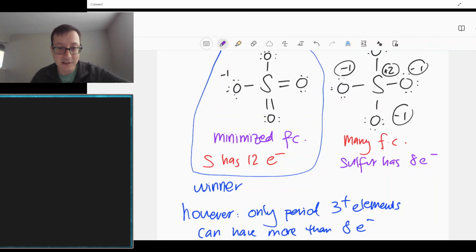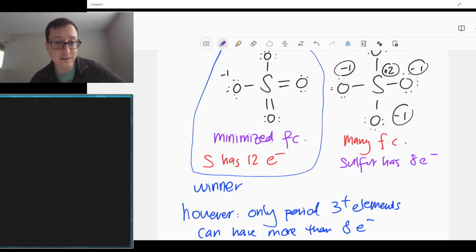And there's two explanations for that. In period 3, sulfur has technically access to the 3d orbitals, and so it can dump electrons into 3d, even though that is higher. So it has empty orbitals, so we can store some extra electrons there. Things in period 2 don't have a 2d subshell, so there's no place to put extra electrons.